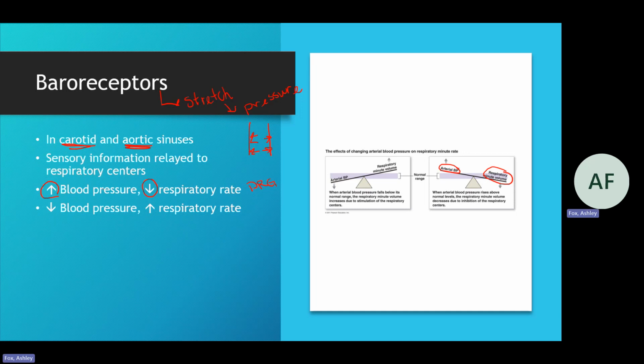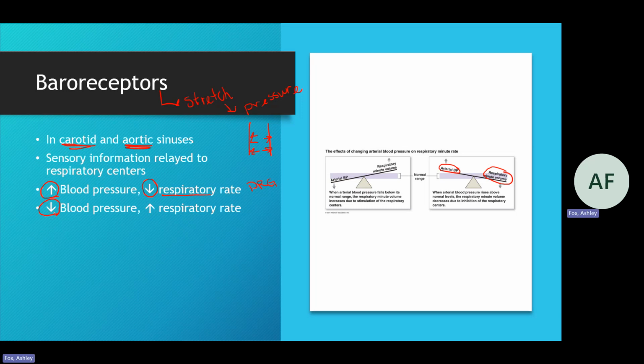So why do we change based on blood pressure? We don't need as much oxygen going to areas because we have increased blood flow. It's just a compensation thing. With increased blood pressure, in the blood vessels you're going to vasodilate.